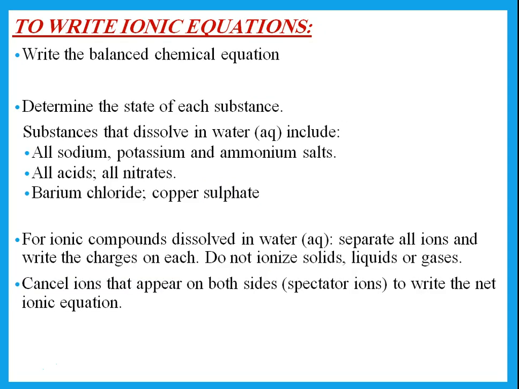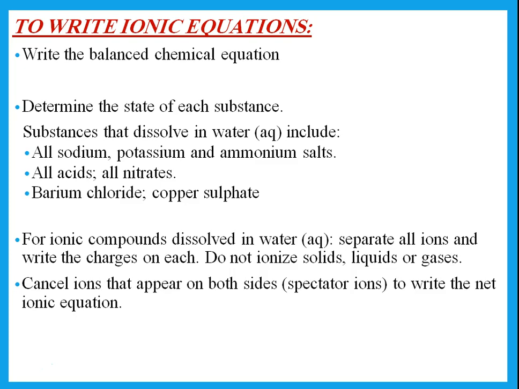Okay. We can also write ionic equations. To write ionic equations, we write the balanced chemical equation, just as we just did. Determine the state of each substance. Substances that dissolve in water include any sodium compounds, potassium compounds, ammonium compounds, all acids, all nitrates, barium chloride, copper sulfate.